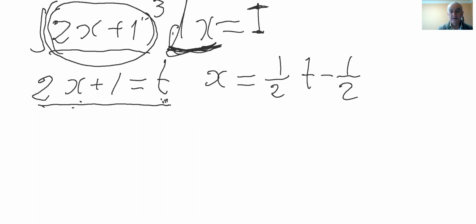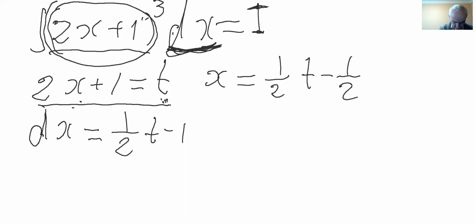Okay. Now I will find dx, and I will find dx as the differential of the function, 1/2 times t minus 1/2, the derivative multiplied by dt. Do you remember the differential of a function? It's the derivative of the function multiplied by dt.